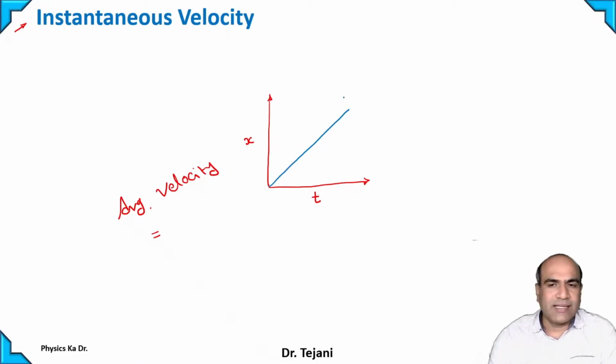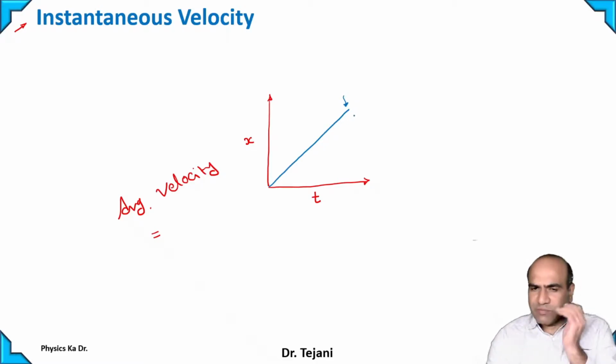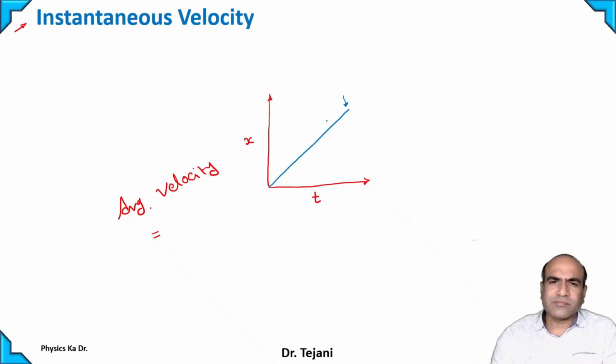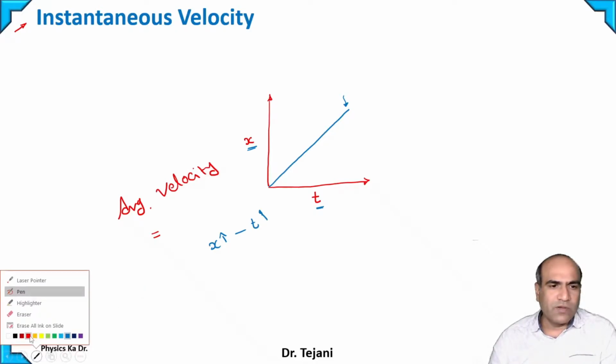Say this line is showing the relation between x and t, meaning x is increasing with t. That we already know. And here x is showing displacement, t is showing time.